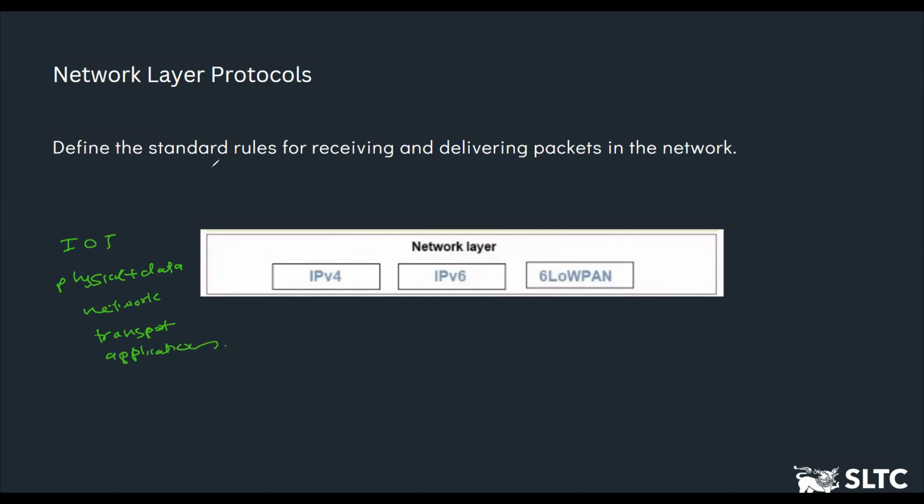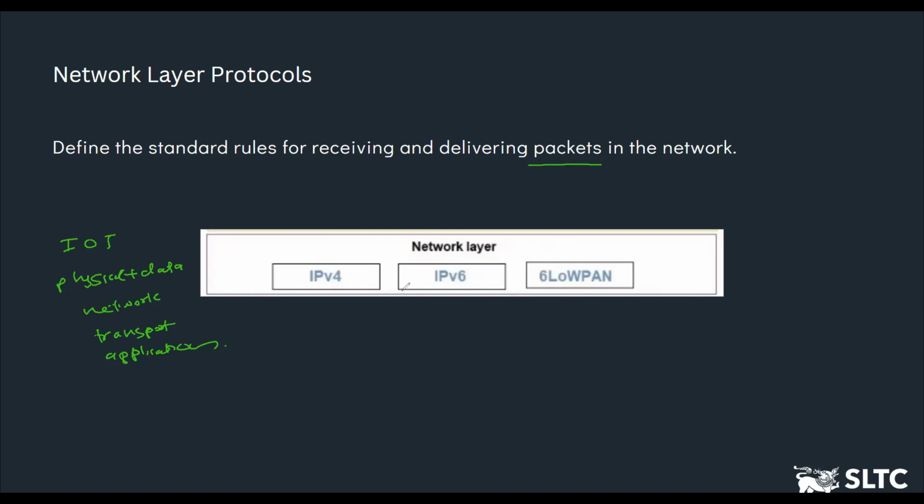So we have a network layer. In the network layer, we have protocols, and these protocols are used for defining the standards for receiving and delivering packets reliably in the network. We are talking about data packets in this network layer, right?